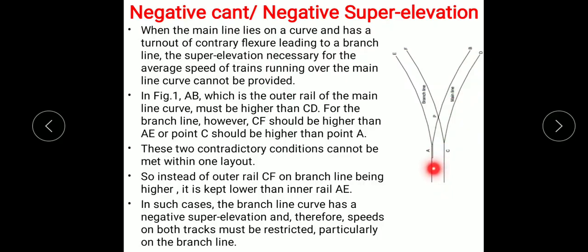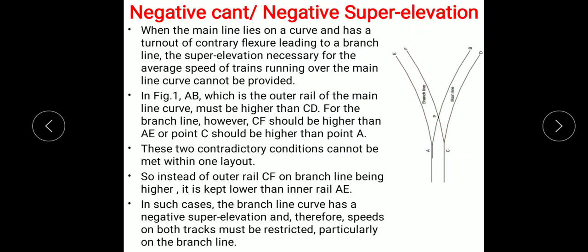which must be higher than CD for the branch line. However, CF should be higher than AE, or point C should be higher than point A. These two contradictory conditions cannot be met within one layout.